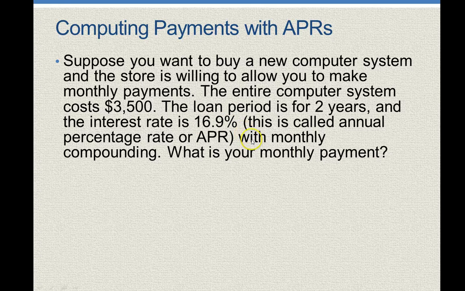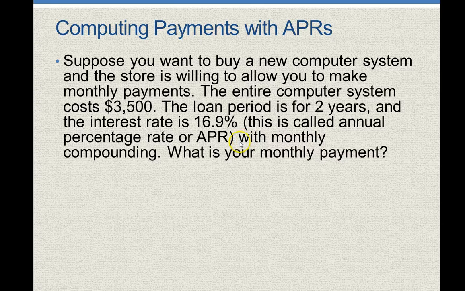Here we have monthly compounding, which means that instead of being paid interest every year, we are being paid interest every month. So this APR can tell you how much we can earn every month. That's simply by dividing this interest rate, 16.9%, by 12. That gives us the monthly interest rate.